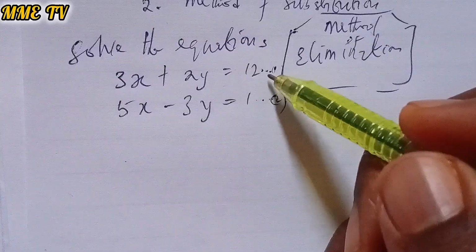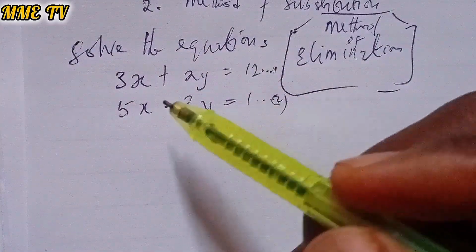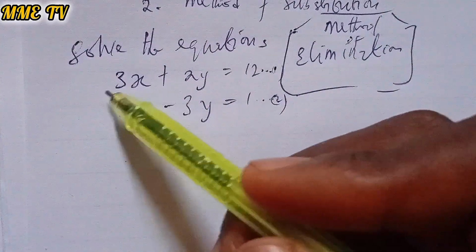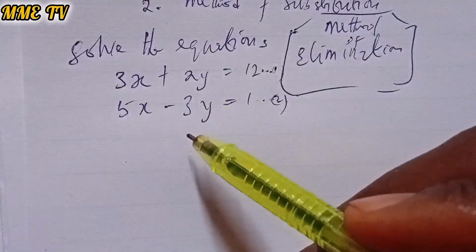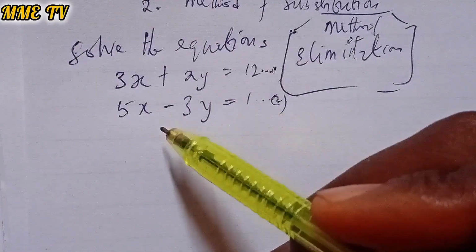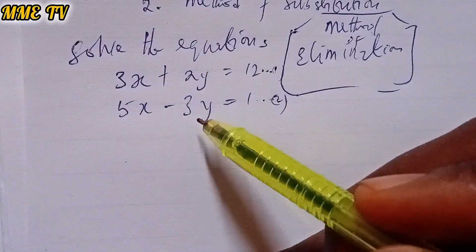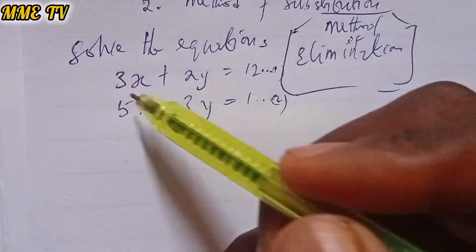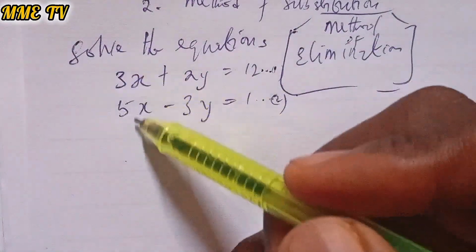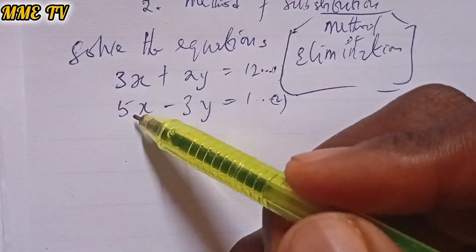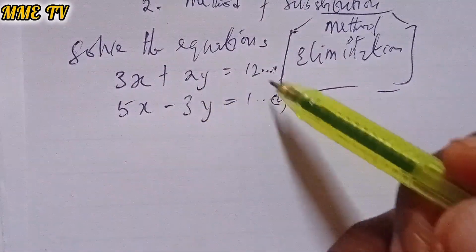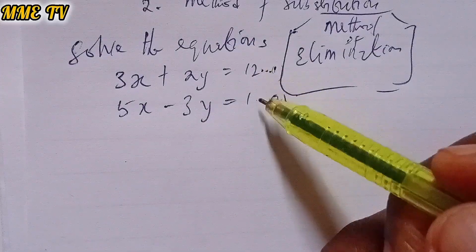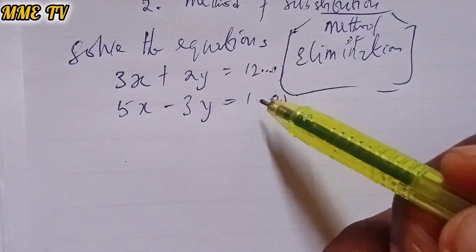So if I call this my equation 1 and equation 2, what do I use to multiply equation 1 and then use a different thing also to multiply equation 2 to make either these two sets of numbers equal? Do you understand what I'm saying?